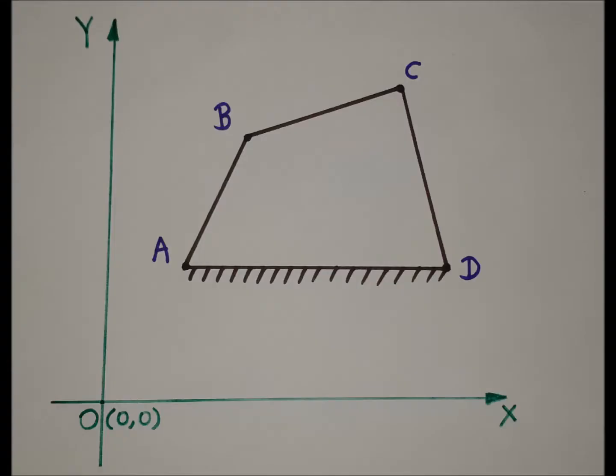Here we can notice the x-axis and y-axis are shown, and the origin is also shown. Obviously, the origin will have coordinates 0, 0. This mechanism will operate in the plane of the screen, and that plane XOY is also the plane of the screen.